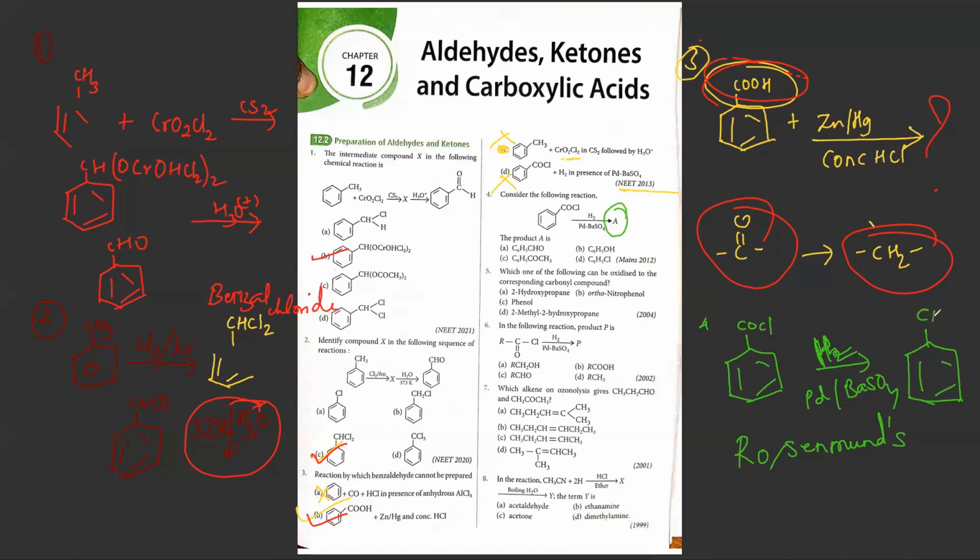So this will give rise to an aldehyde, benzaldehyde. So option number A is the right answer. The product formed by the following reaction is benzaldehyde. The name reaction is Rosenmund's reaction.